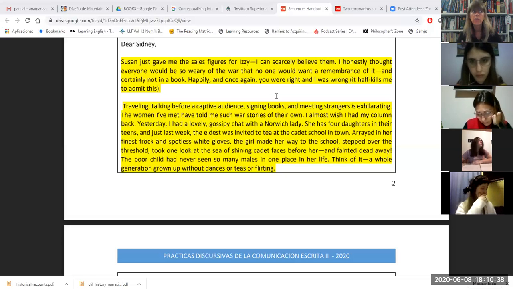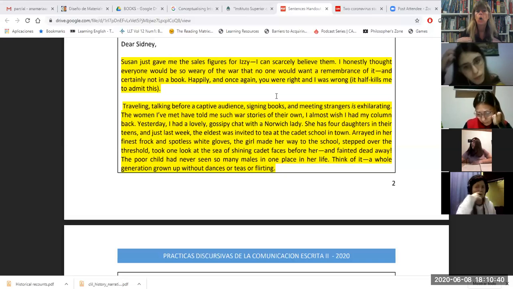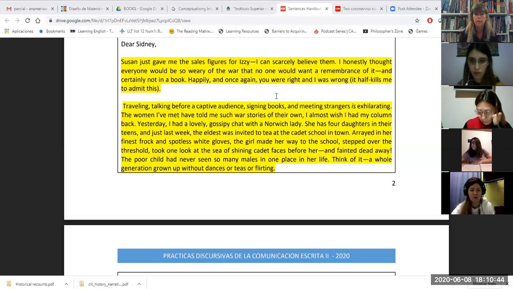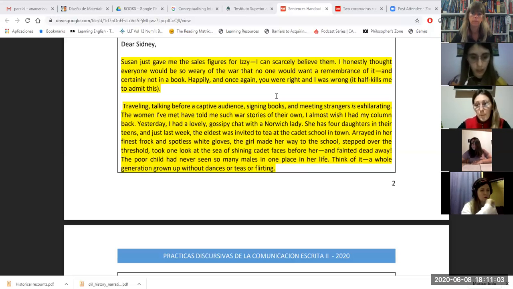Let's first of all see, is it a simple sentence? No, it's a compound complex. Okay, it's not simple. Why is it compound complex, Belu? Because it contains at least two independent clauses and at least one dependent clause.